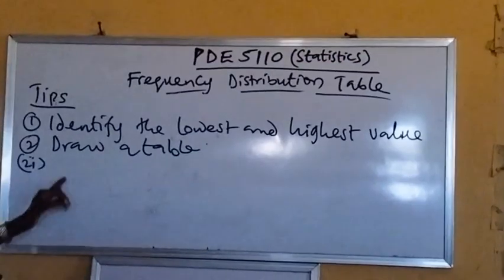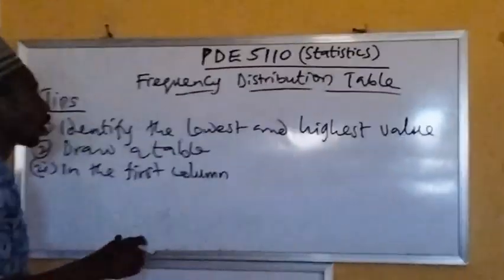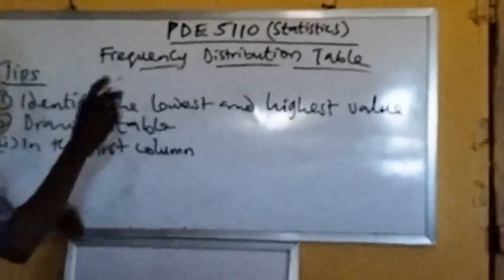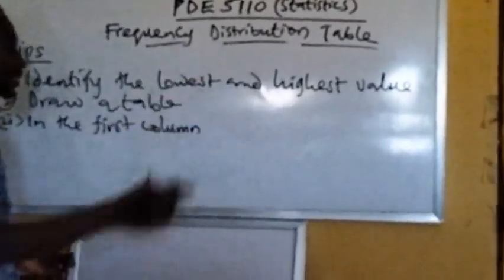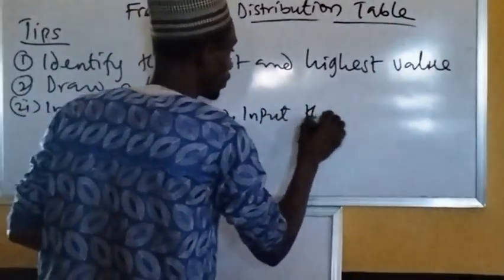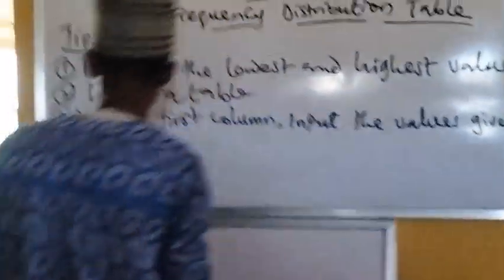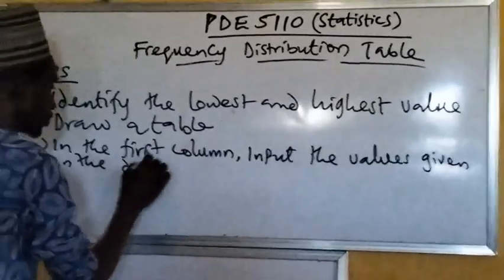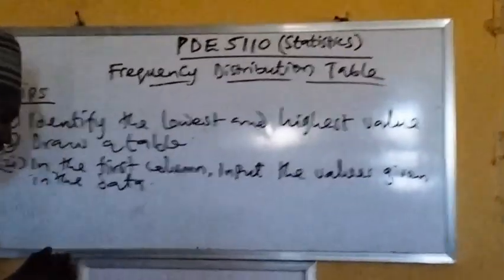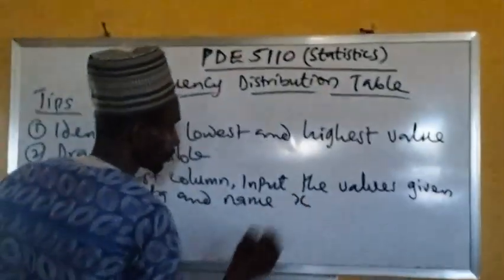For the first column, we input all the values that were given in the data, and we name it x.